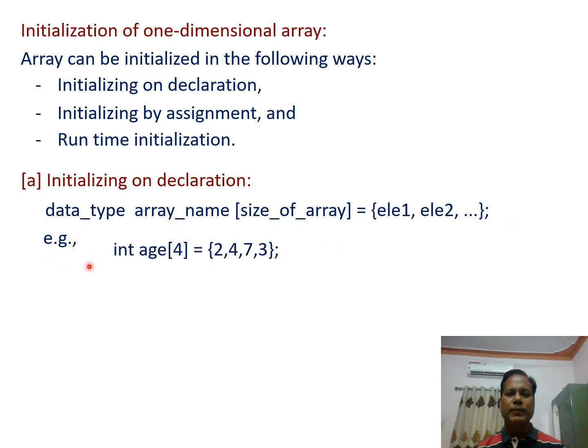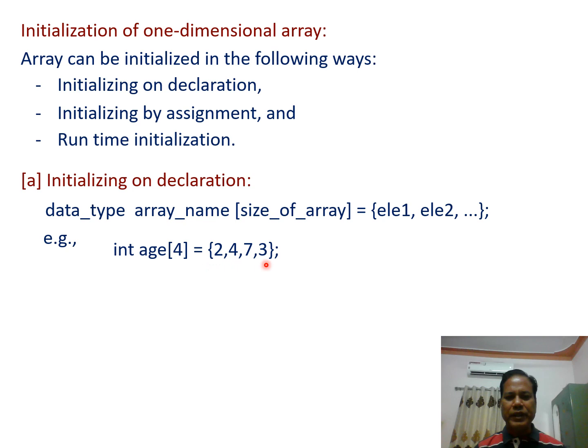For example, int age[4]. So using this one we declare the integer variable age that can store 4 integer values, and on the right side within the curly braces we write 2, 4, 7, 3 and at the last a semicolon.